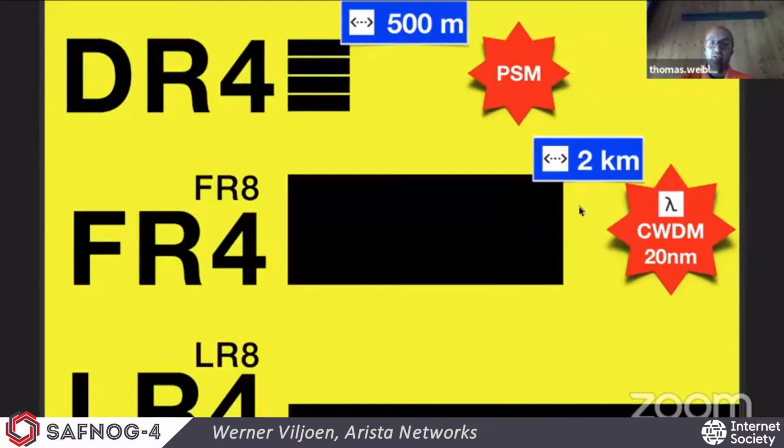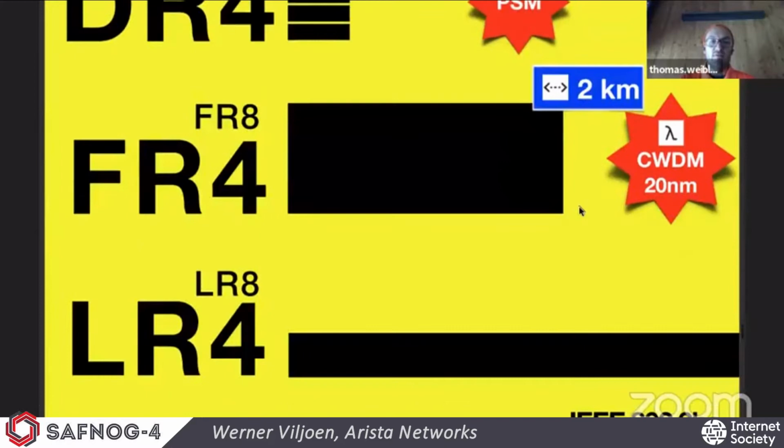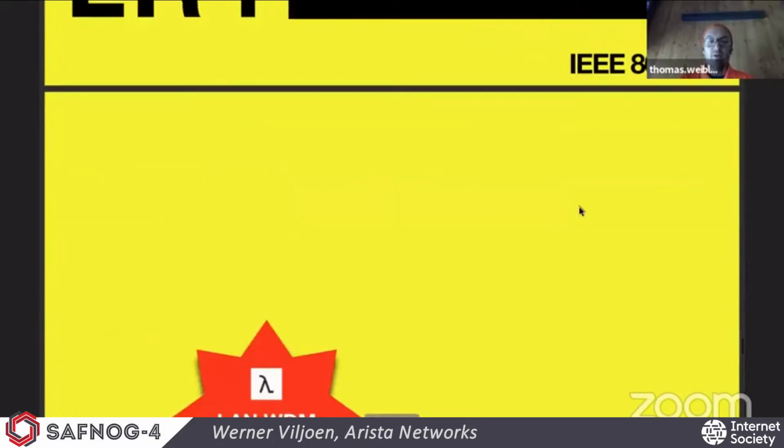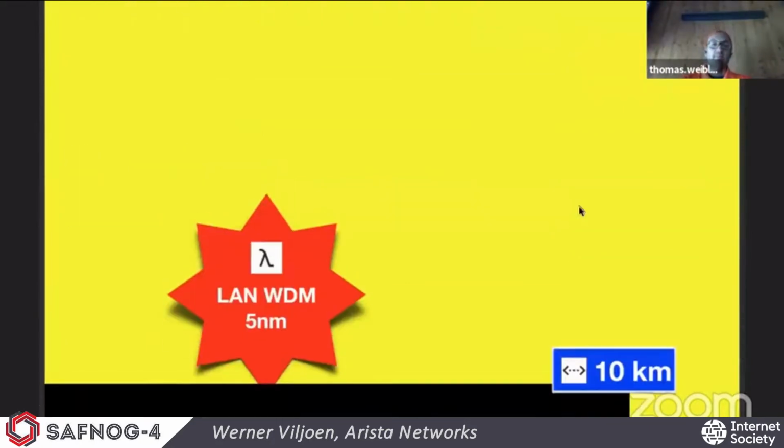Up to 2 kilometers, and also LR4 will be there, with spacing pretty much the same as with 100 gigabit: a LAN WDM spacing of the wavelengths inside that transceiver. So it's 5 nanometer spacing of those 4 waves going over the fiber, up to 10 kilometers.